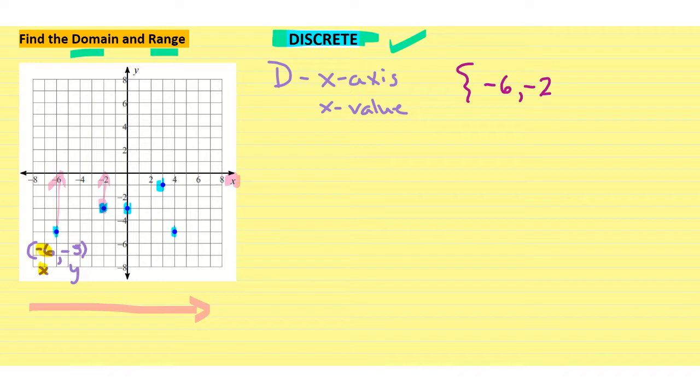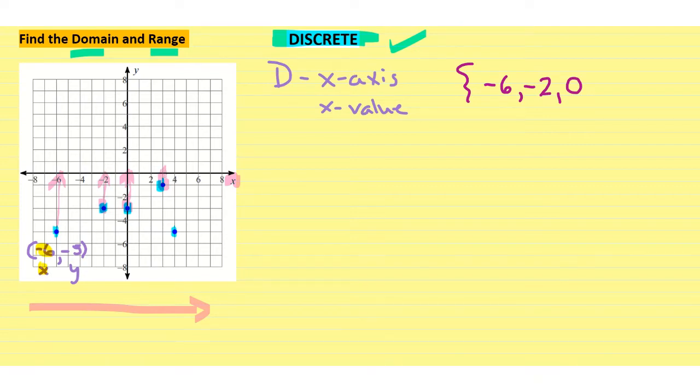Okay, so let's look at the third point here. From left to right, we go to this point, and what does that line up with? Well, that lines up with the 0. So we're going to put a 0 as our next x value, which is part of the domain. The next point is this little point right here, and it lines up with 3 on the x-axis.